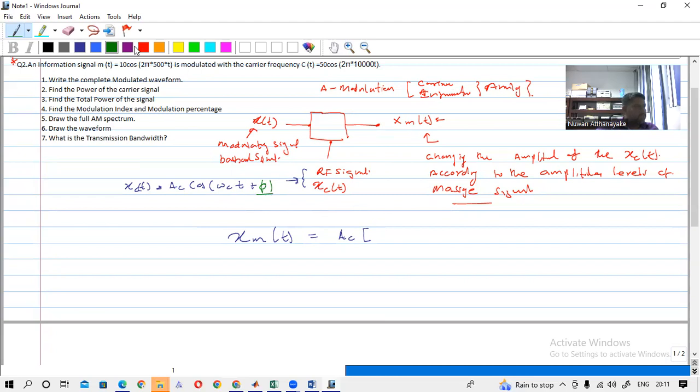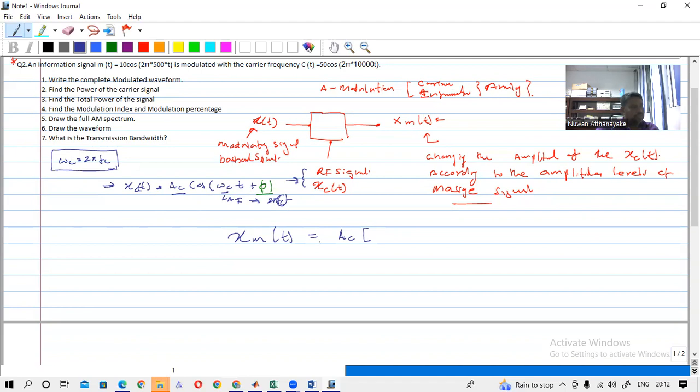So the RF signal or carrier signal is a sinusoidal signal, and this is its amplitude, and this is its angular frequency. It can also be written as 2 pi fc, where fc is the normal frequency. So omega_c is equal to 2 pi fc. We have discussed this several times.